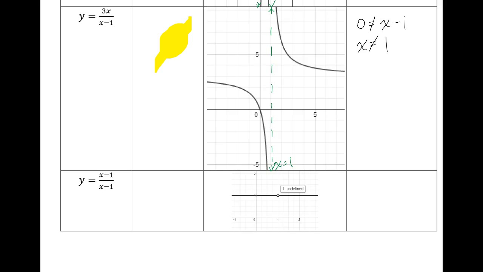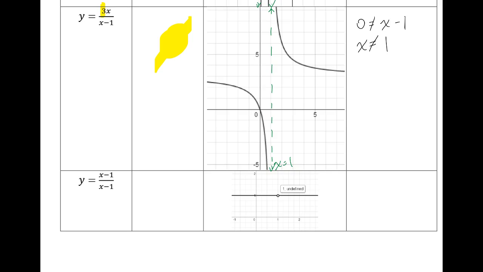Okay. What's weird then is that instead of my horizontal asymptote being a 0, which is what my gut might have told me based on what we saw in the previous 3, my horizontal asymptote actually is at +3. And we're seeing this happen because specifically of that 3 in the numerator.